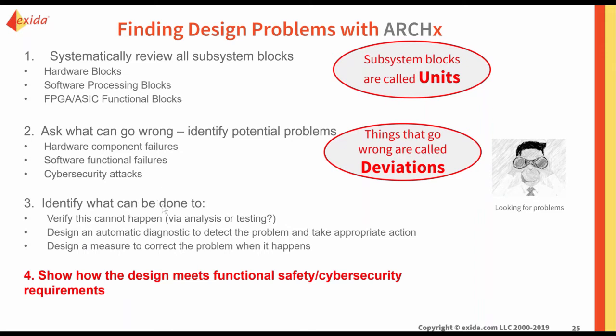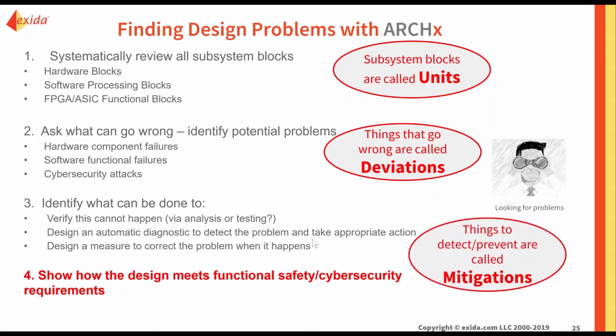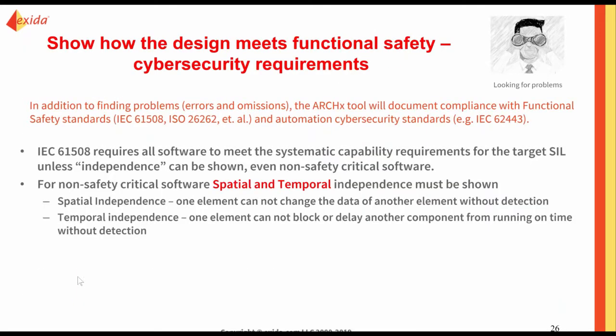Then we identify what we can do to verify that it can't happen or put in a diagnostic or correct the problem. We call those mitigations. Then lastly, we answer the questions necessary to show how the design meets functional safety and cybersecurity requirements.